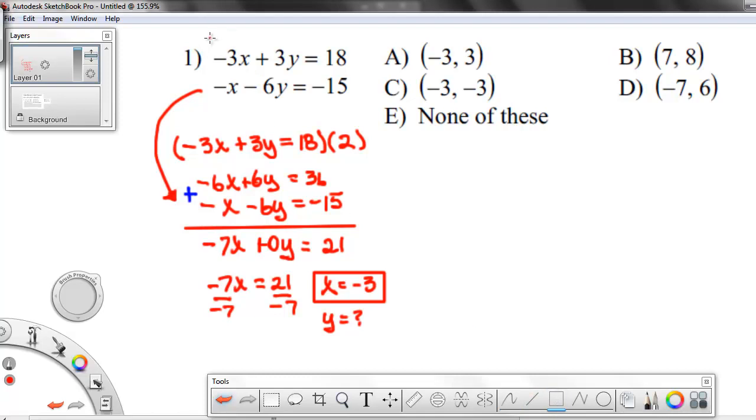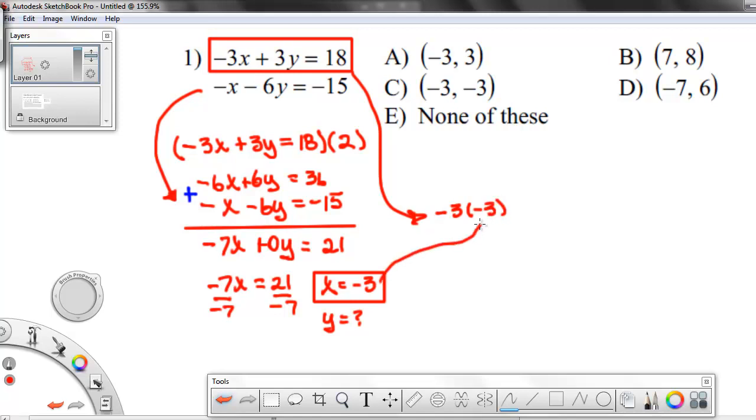Now the main idea on this next part is that we'll take the first equation, negative 3x. That x is going to be replaced by the negative 3 that we found. See right there, I replaced x with a negative 3.